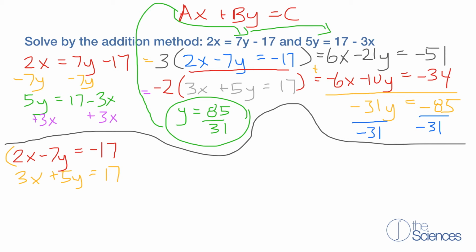So when we do that, we get 5 times 2x, which is 10x, minus 5 times 7, which is negative 35y, equals negative 17 times 5 is negative 85.